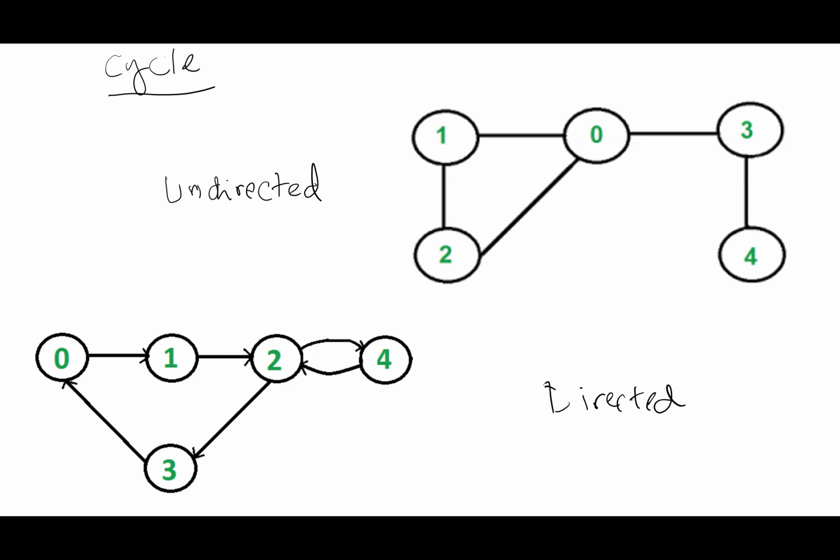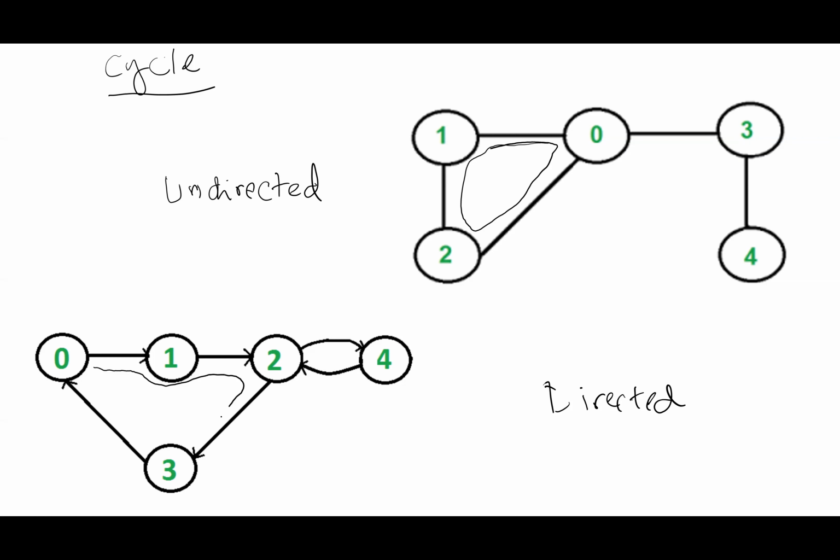You see here, a cycle, the simple definition of a cycle: if you can go through the edges and come back to the same vertex, then it's a cycle. So we have a cycle here. And for a directed graph, to have a cycle, it's the same thing.